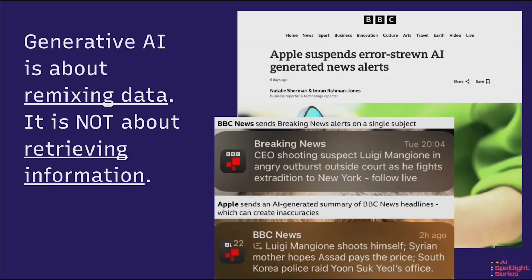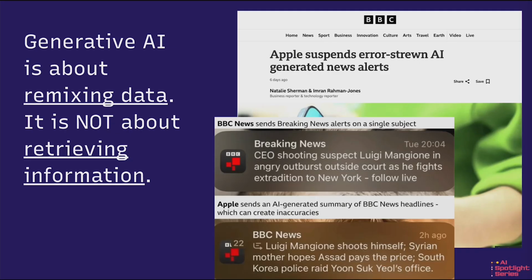Earlier this year, Apple ended up having a really embarrassing flub where its AI-generated news alerts contained serious errors, including this particular headline, where it summarized the phrase "CEO shooting suspect Luigi Mangione" to "Luigi Mangione shoots himself."